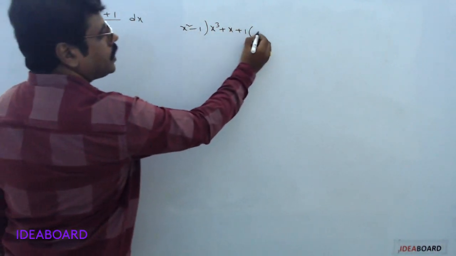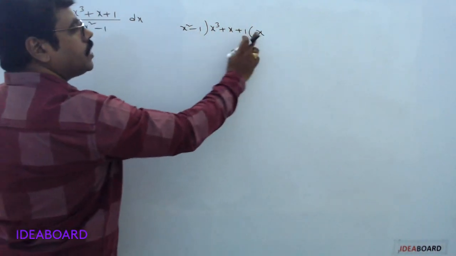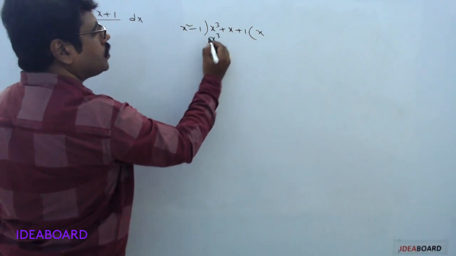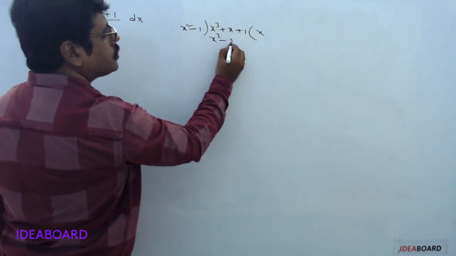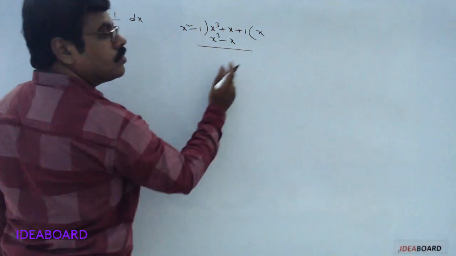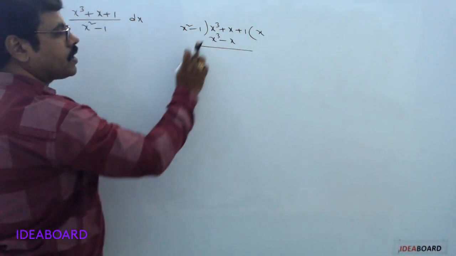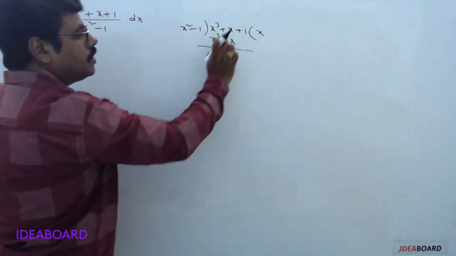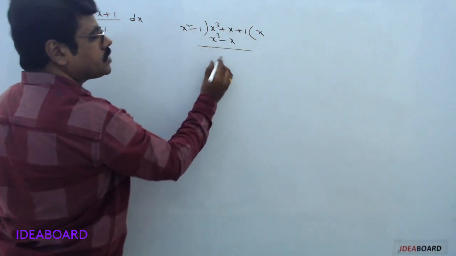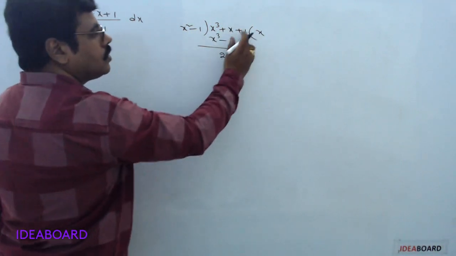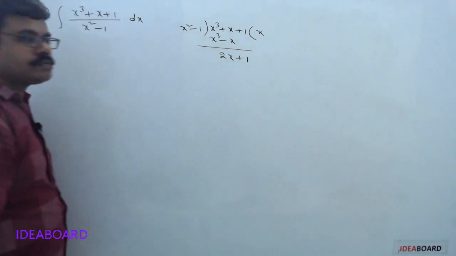Multiply x square minus 1 by x, giving x cube minus x. Now subtracting these two, the x cube term will be cancelled, x minus of minus x, that is 2x plus 1.